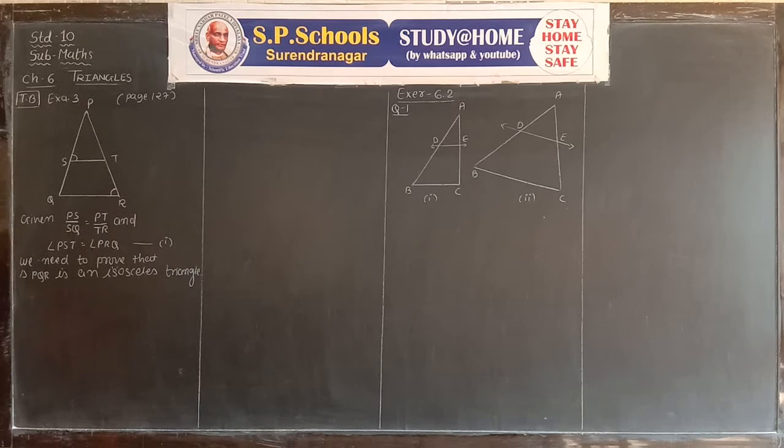First of all, given that PS upon SQ is equal to PT upon TR, so ST is parallel to QR as per theorem 6.2.